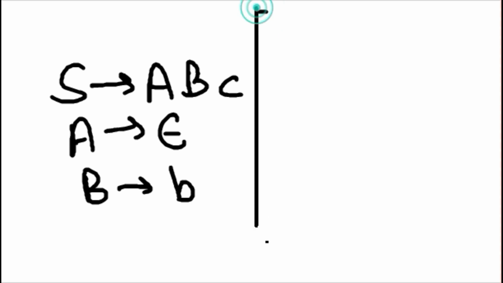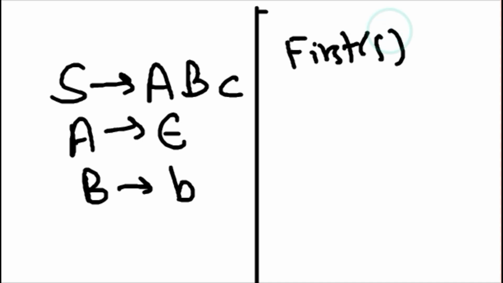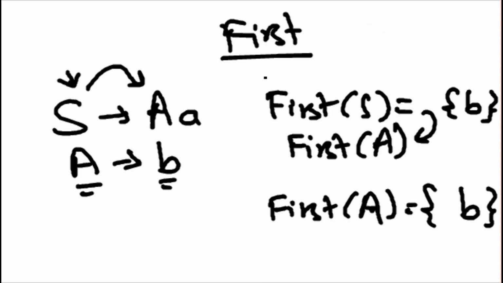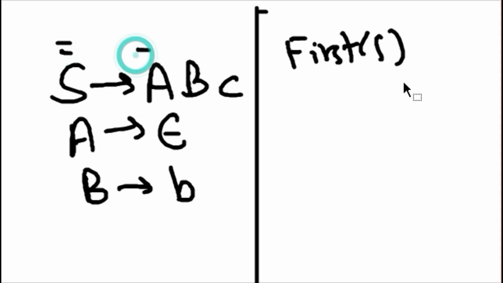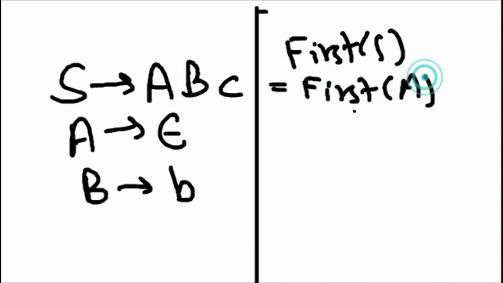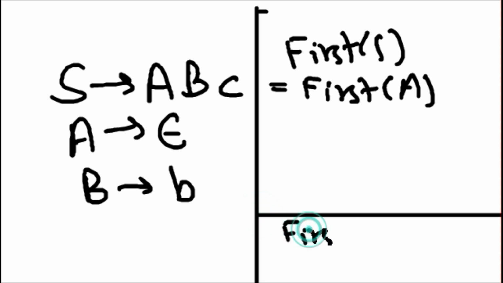So if we try to find first of S, according to our previous example, if there is a non-terminal symbol in front of S, then you will have to find first of A. So first of S is equal to first of A. Now what is first of A? First of A is epsilon.